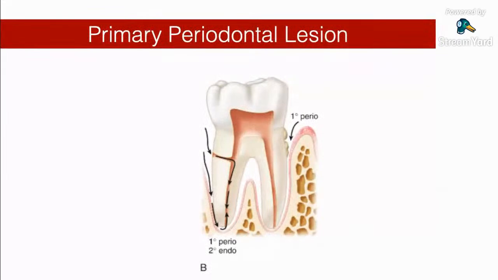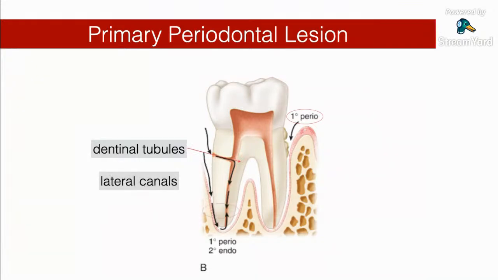The next one is the primary periodontal lesion. As you know, periodontal disease starts with accumulated plaque and calculus, and the inflammation goes down through the dentinal tubules and lateral canals.